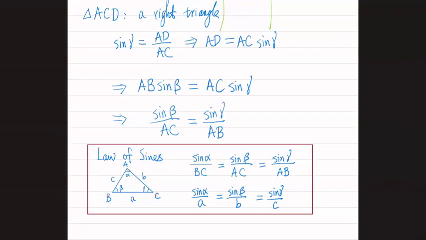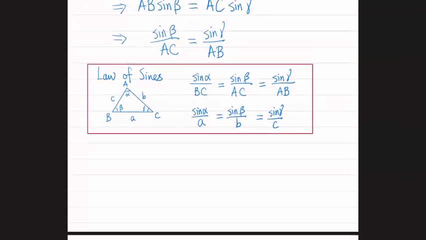It doesn't have to be a right triangle. We still have a lot of information about the sine of the angle and the length of the side facing it. So this is the law of sines.